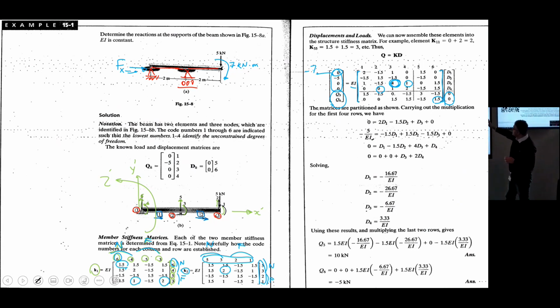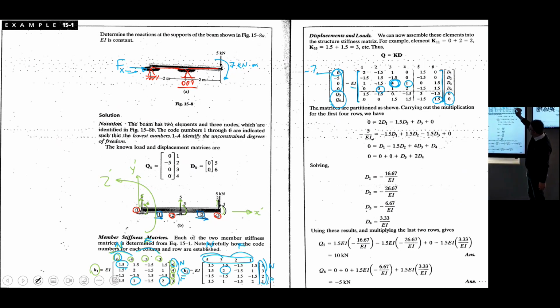Keep in your mind, this is the vector of deformations. This is the vector of forces. In the vector of deformation, we have 0, 0 corresponding to these two support reactions. So when you have a support reaction along the 5, you should have deformation equal to 0. This is the definition of support.